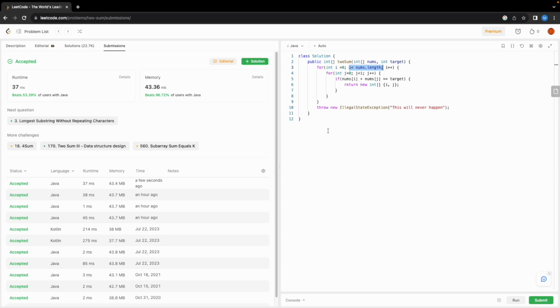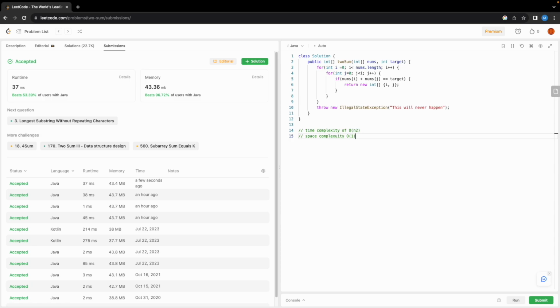So this solution has a time complexity of, there are two loops, one within the other, so order of n square, where n is the size of the input, whereas space complexity, we are not using any additional variables, so it's just constant space.